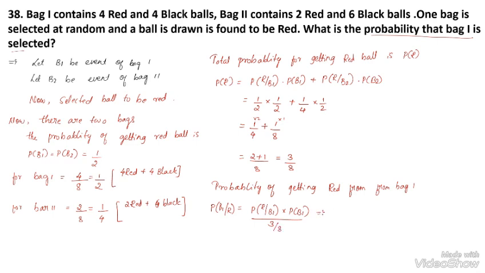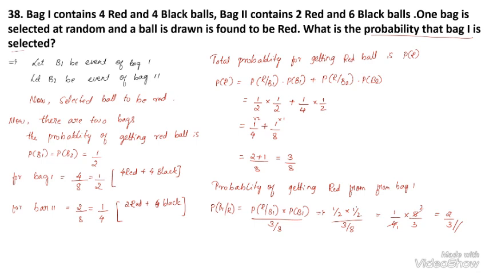Now I can simplify: probability of red ball from bag 1 is 1 by 2, and probability of bag 1 is also 1 by 2, divided by 3 by 8. 1 by 2 into 1 by 2 becomes 1 by 4, times 8 by 3. 4 ones are 4, 4 twos are 8, that is 2 by 3. The probability that bag 1 is selected is 2 by 3. This is the solution of the given problem.